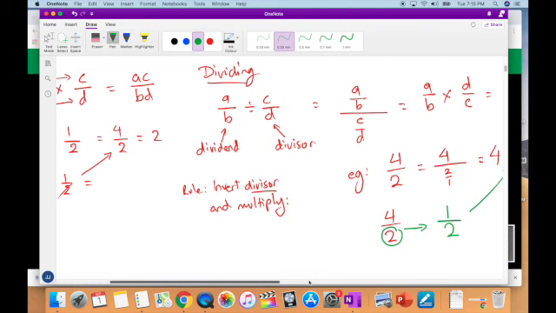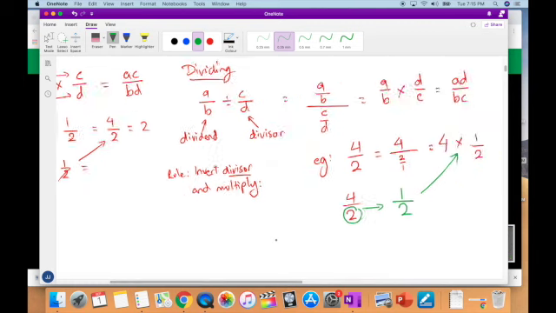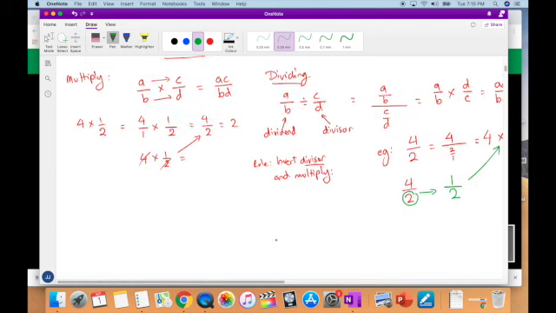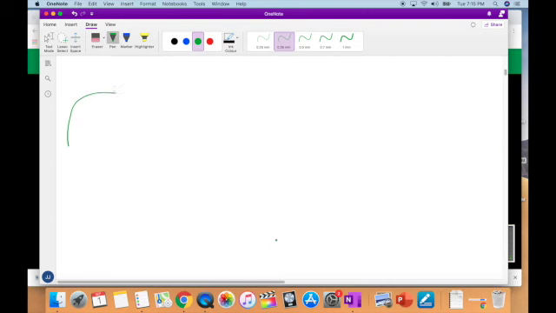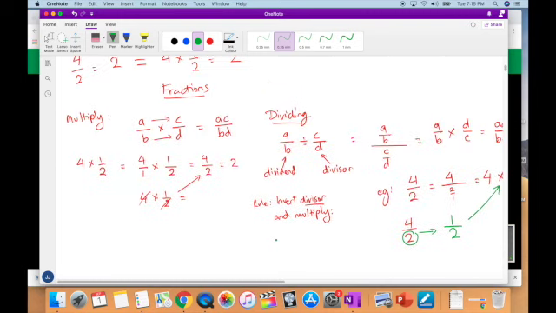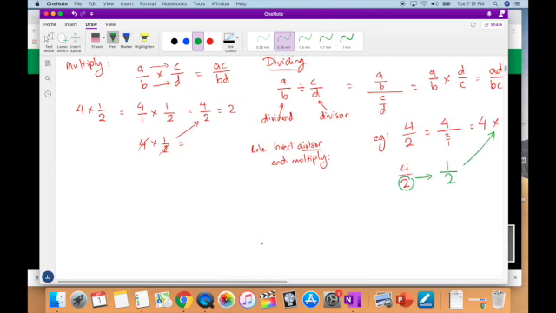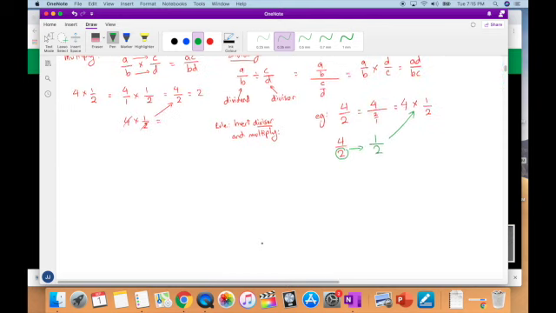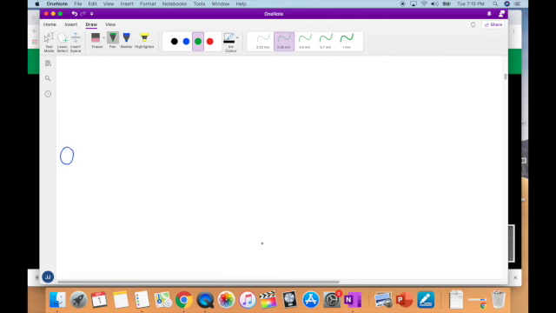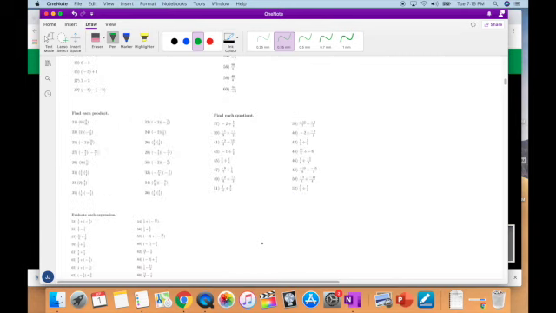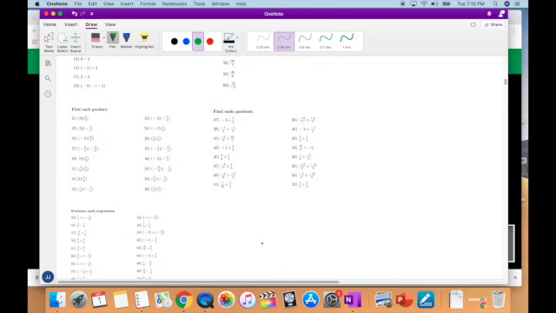Everybody understands this? I'll see how well you do. So we spoke about multiplying and dividing. Let me see if I have questions on multiplying and dividing fractions here.